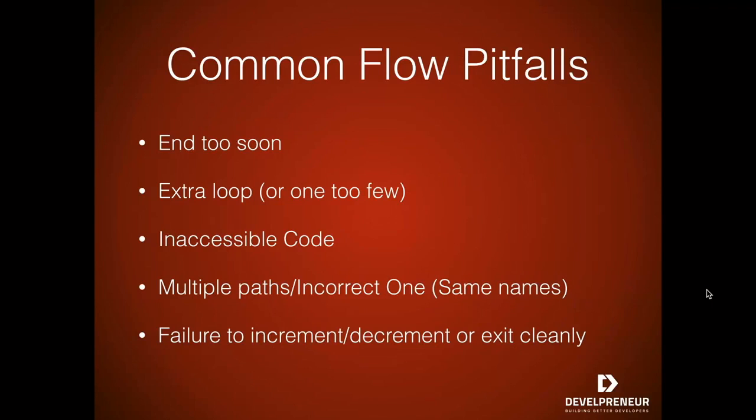Well, let's look at some common things that we want to think about when we're doing this evaluation and reviewing our code. The first thing is with flow. One of the things you'll see a lot is that it ends too soon. This sort of combines with the next bullet there of an extra loop, where you flow through and you've solved the problem, but not thoroughly.